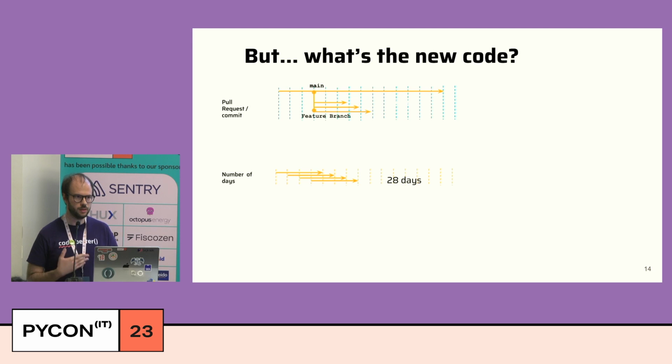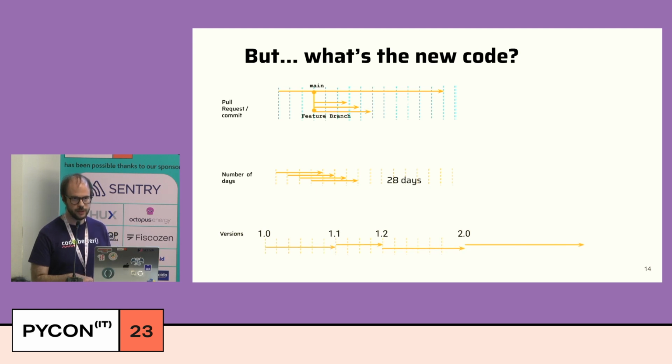If our team is working in an agile environment, maybe with some iterations like in sprints, then maybe we want to consider as new code the duration of the sprint itself. So maybe we might want to focus on the current sprint and put, I don't know, maybe 3 or 4 weeks duration to consider it as new code.